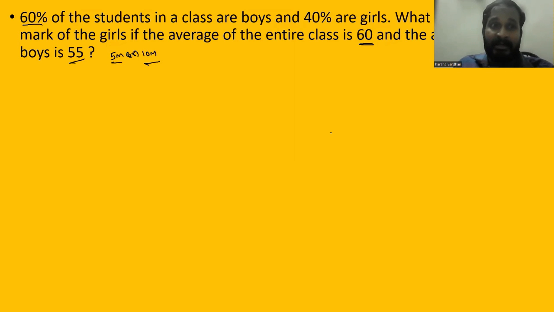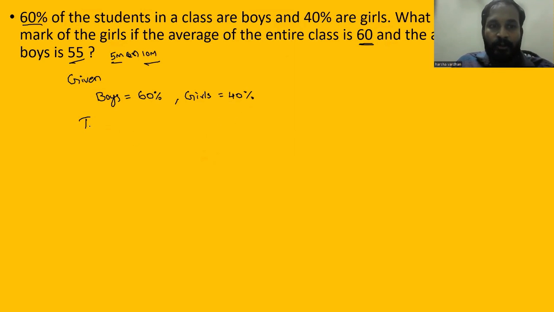We will see. Now see here, the first step, as I have already told you, we should write it very clearly. Given: what are the given things? Boys, 60%. Girls, 40%. These are the things.